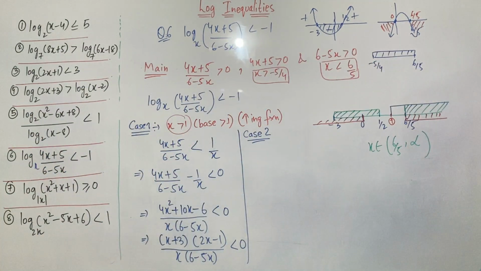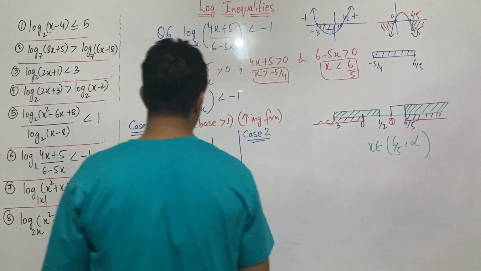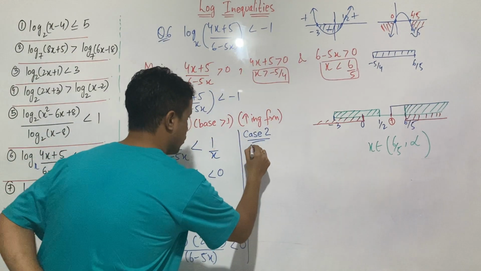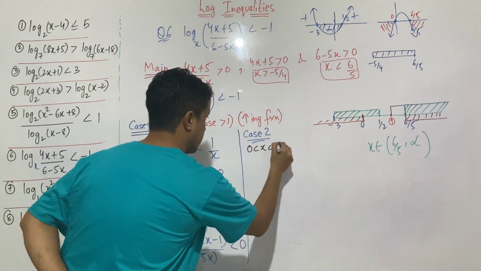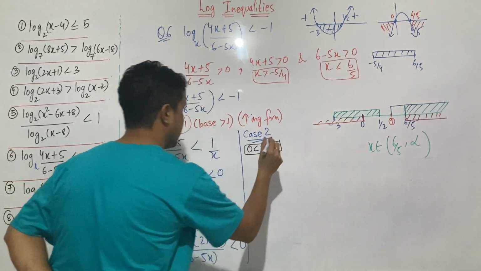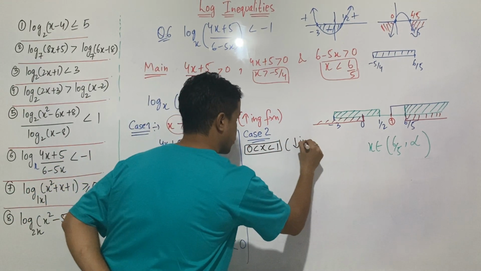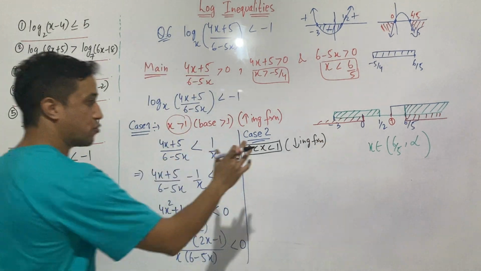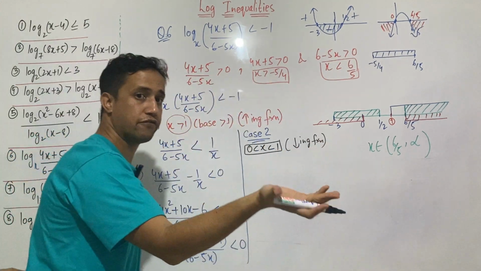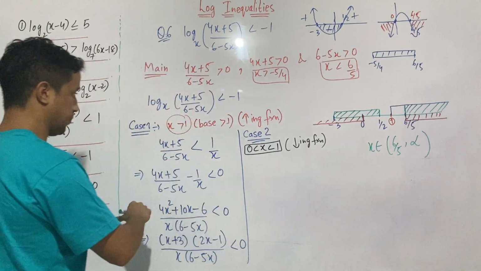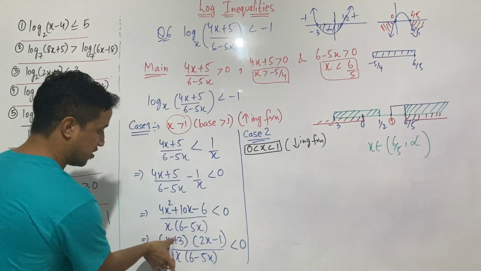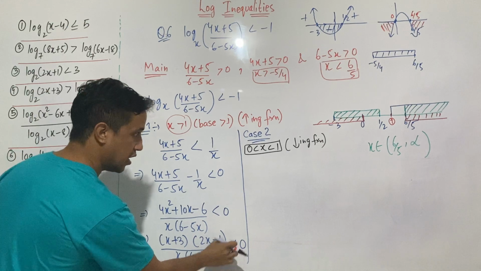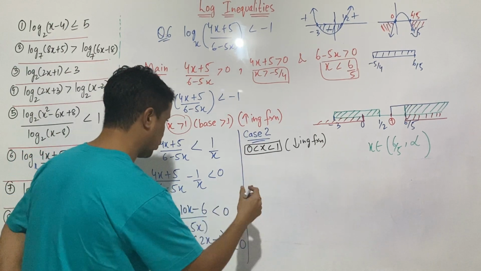I will use black for this. So case 2, here the value of x is going to be between 0 and 1, and this is going to be your decreasing function. And decreasing function means that the sign of inequality gets reversed. So in the end, we are going to get this, but the inequality sign will get reversed.